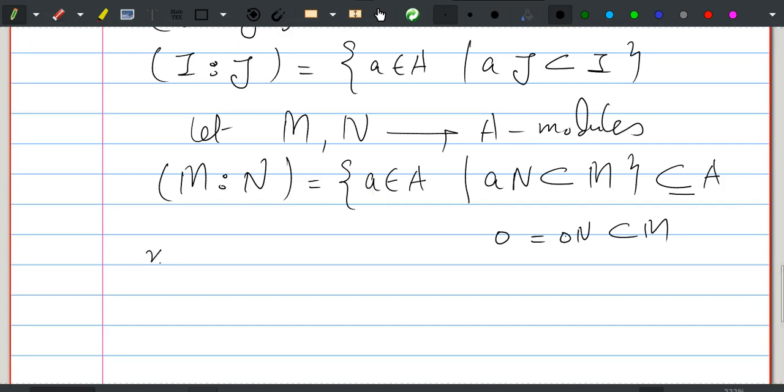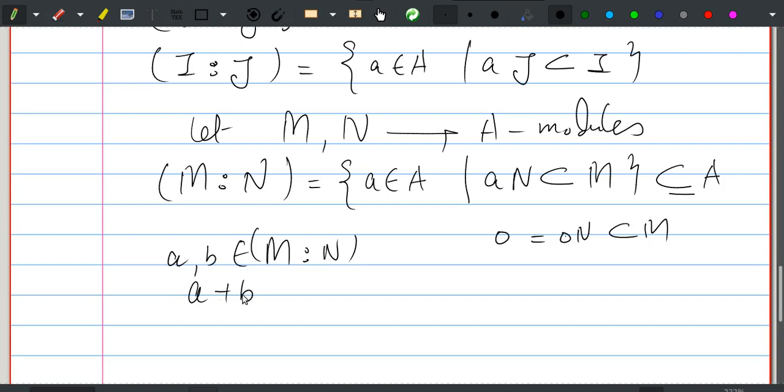So if we have two elements, say a and b in M colon N, then what can we say about their sum? I mean, whether the sum of these two elements is in M colon N or not.